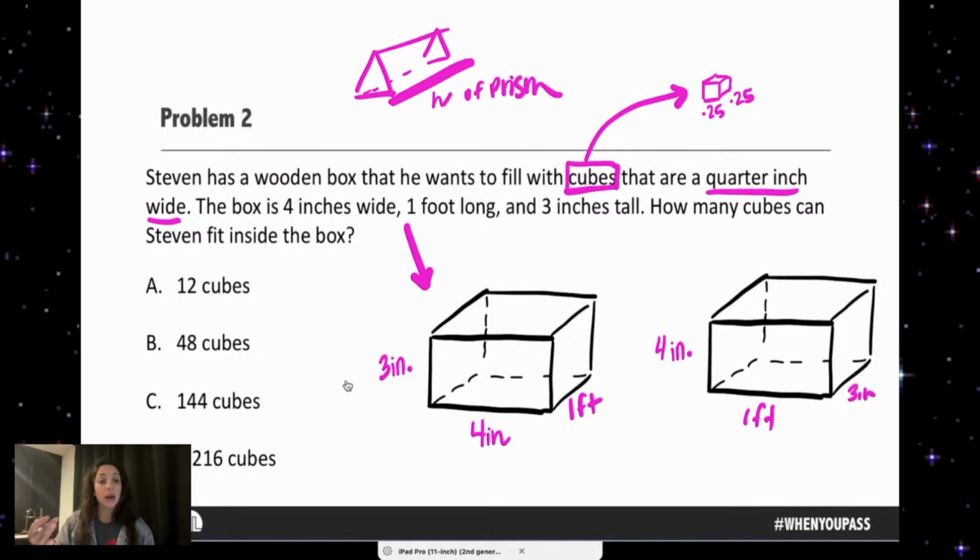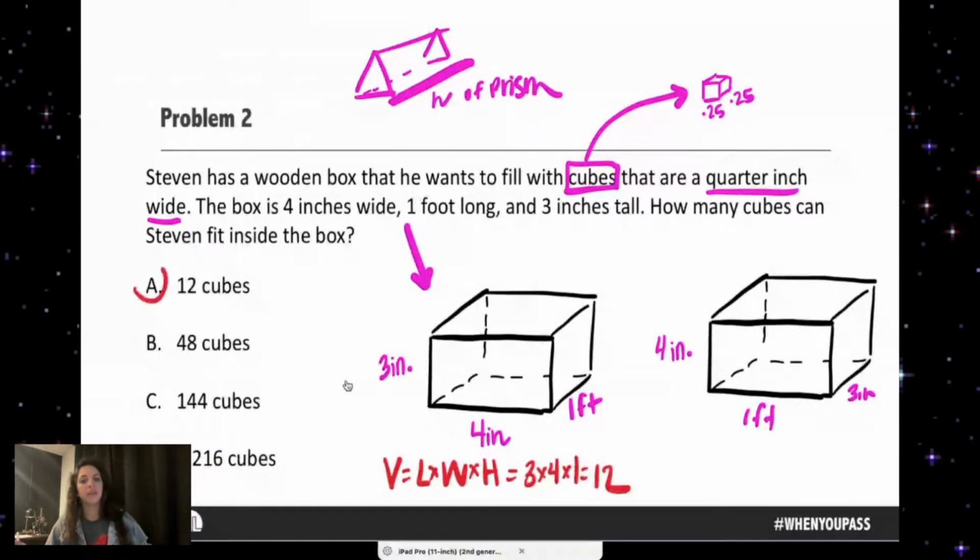So some people might say, I know how to do this. Volume equals length times width times height for a rectangular prism only. So I'm going to do 3 times 4 times 1 equals 12. Done. That is not the case for a lot of reasons. That is incorrect because we don't have the same units.